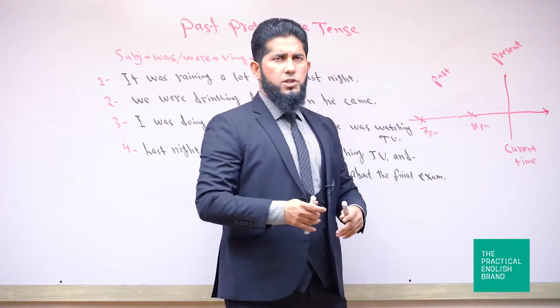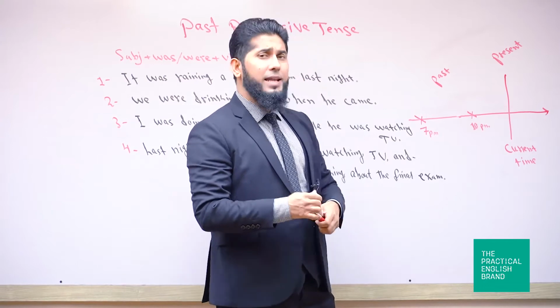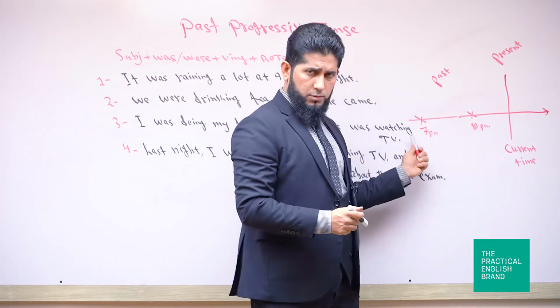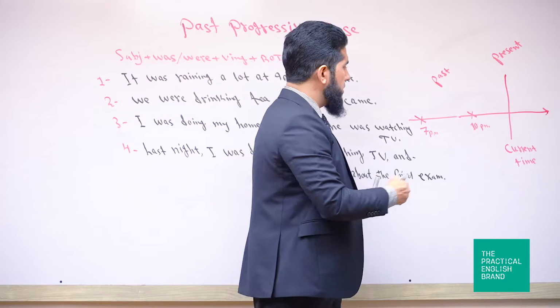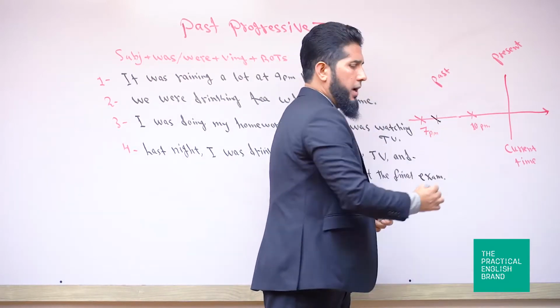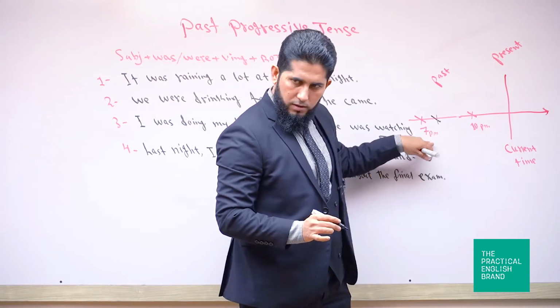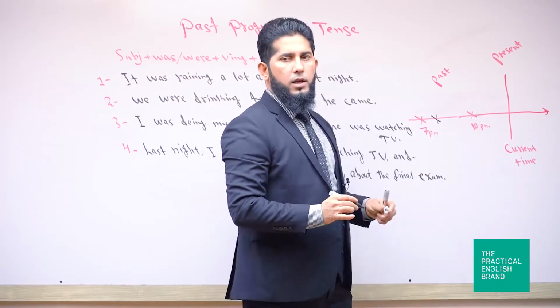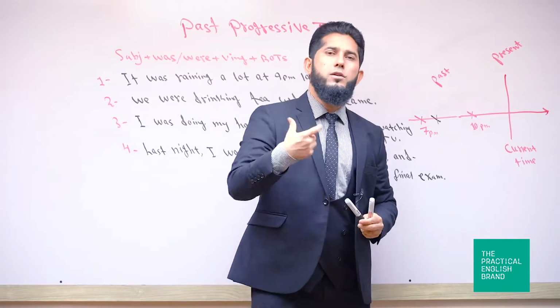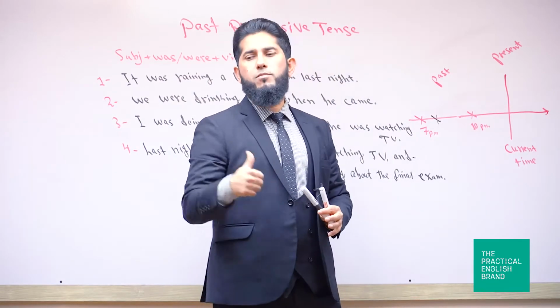Now, someone is asking you about any time between these two specific times. Like, what were you doing here at 8 p.m. or what were you doing at 9 p.m.? Like the time between these two specific times, right? So, in this case, when you answer that question, you should be using past continuous tense.